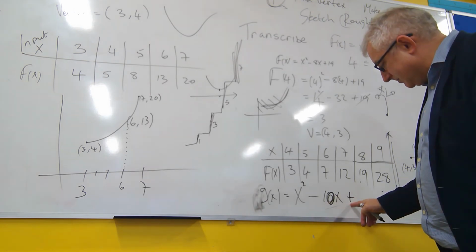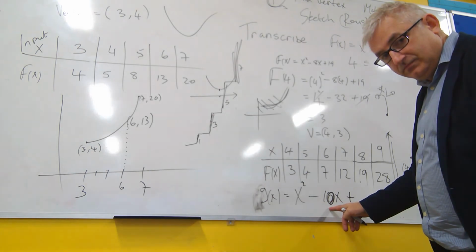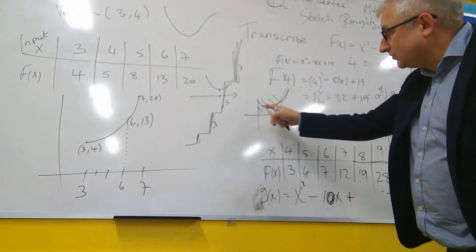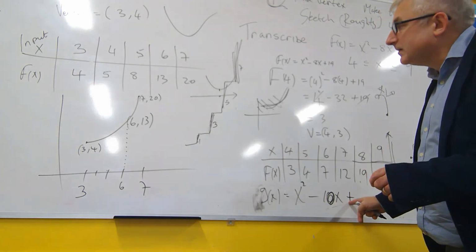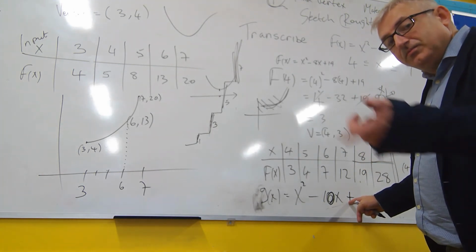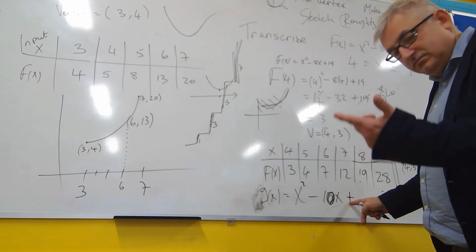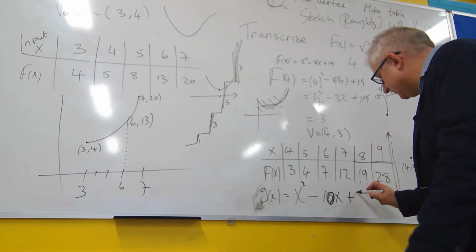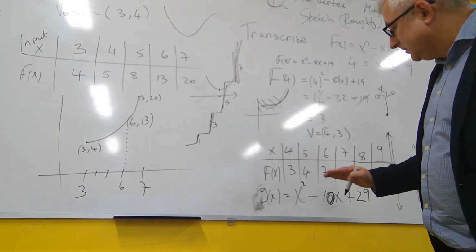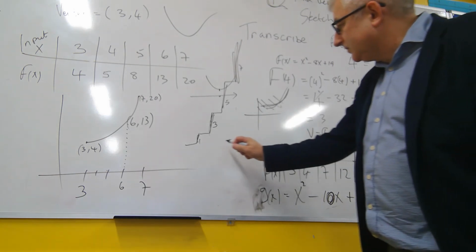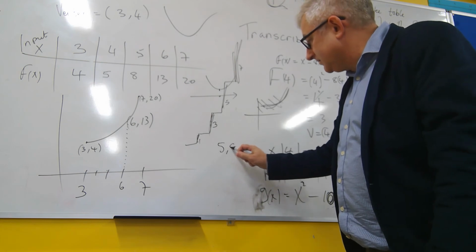But this number has to be bigger than 25 in order to stay in the first quadrant. So if I make it 26, it's up 1. Make it 28, up 3, etc. Let's make it 29, make it up 4. I mean relatively up 4. So it's going to be 5, 9. It's going to be the vertex.